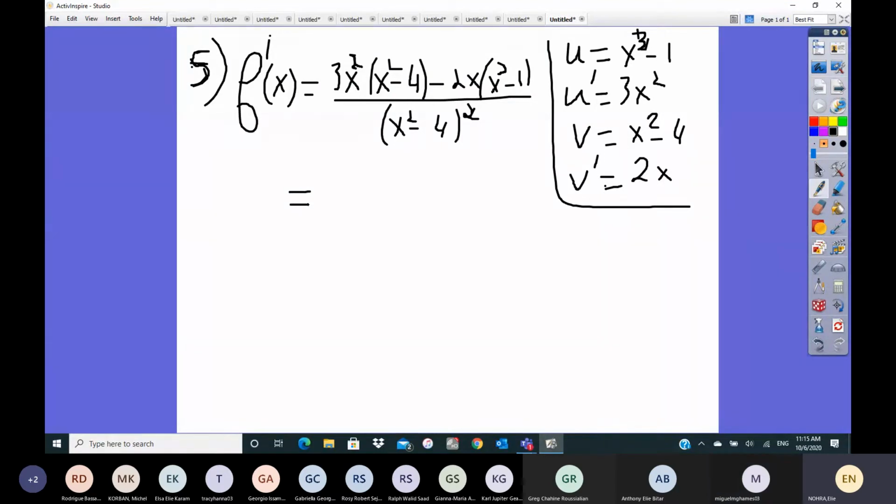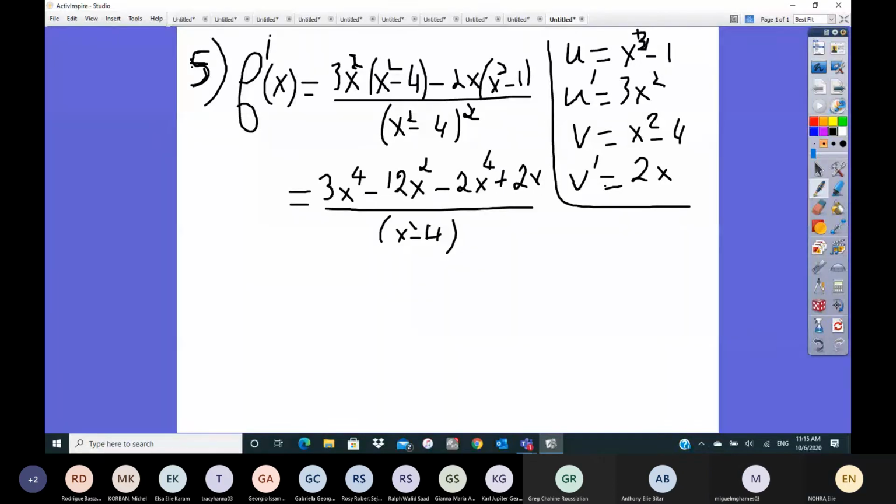Let's do f prime of x. What do you get? 3x to the power 4 minus 12x squared minus 2x to the power 4 plus 2x, over x squared minus 4, squared.